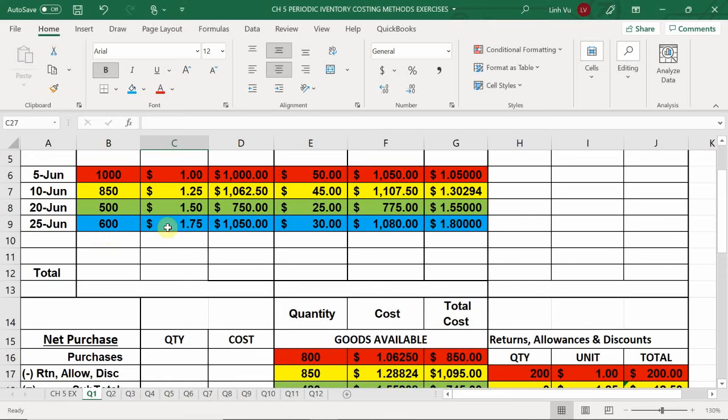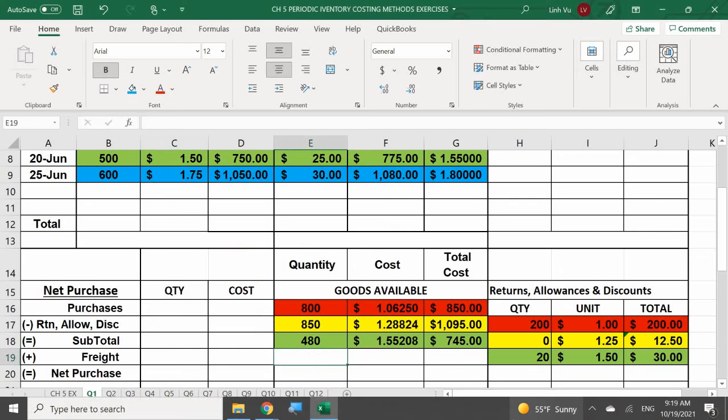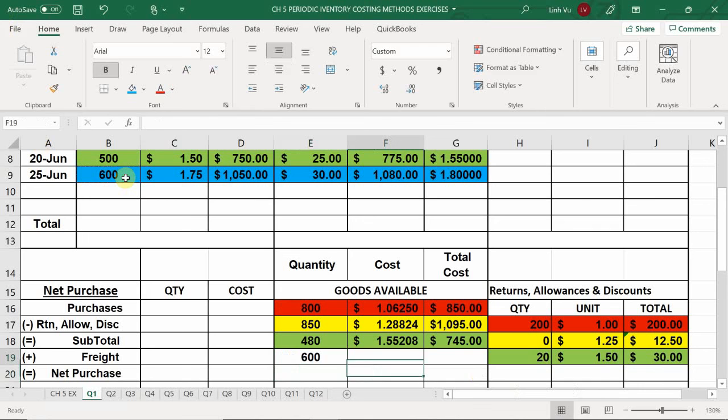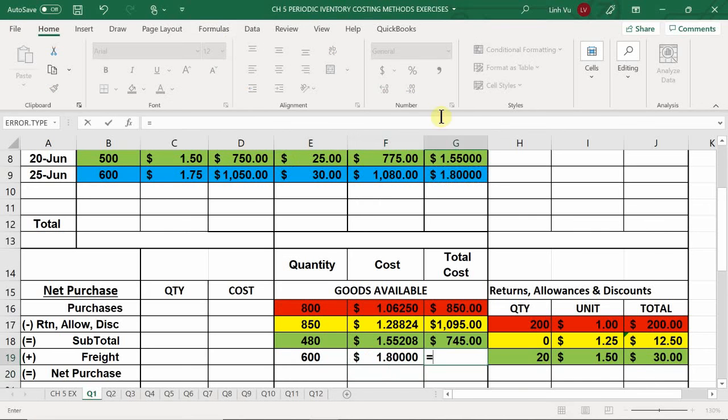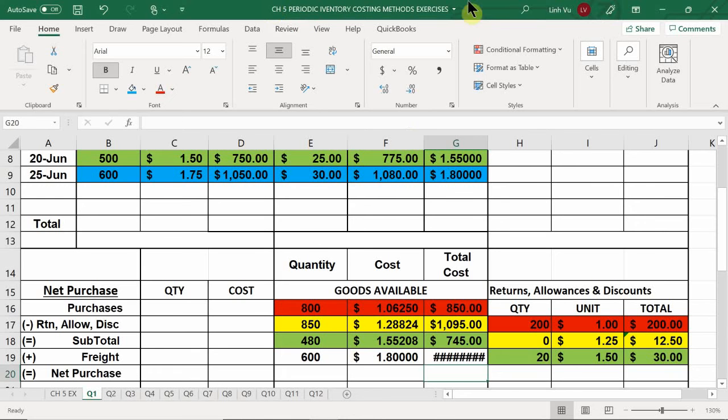Instead, I actually end up keeping all 600 units. So I'm going to go ahead and transfer all the information here, 600 units at $1.80. That cost me a total of $1,080. Okay, and I'm going to make sure I know that this is my blue batch.